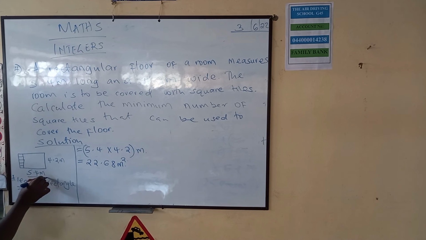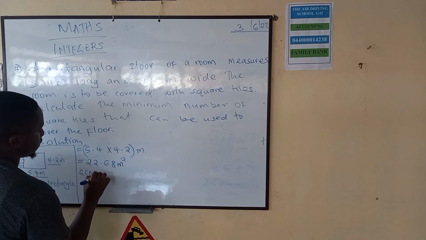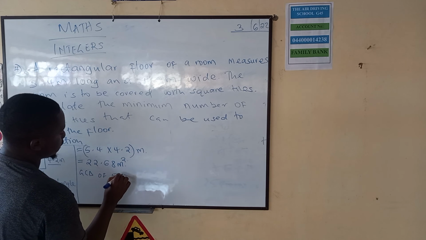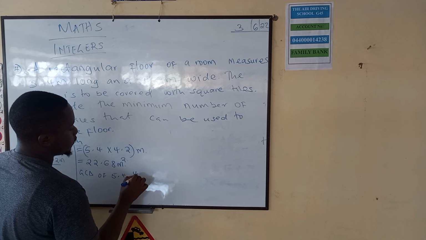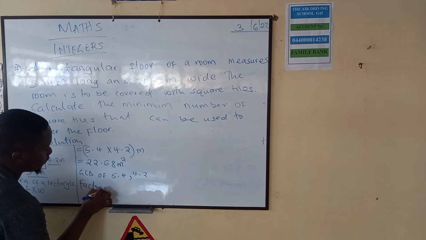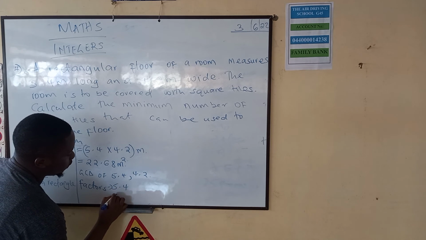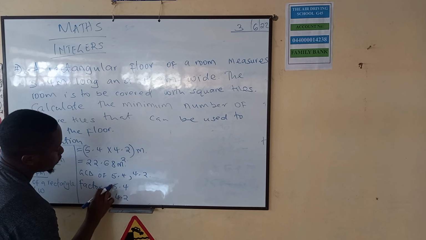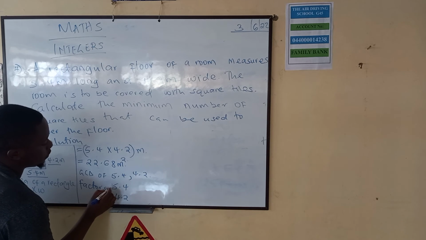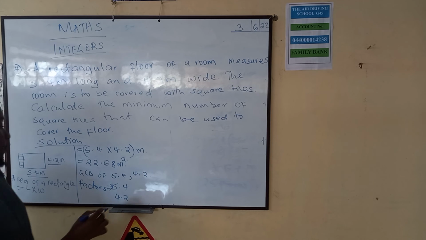Okay, now on to our next step. We will find the GCD of 5.4 and 4.2. Now let's find first the factors of 5.4 and 4.2.